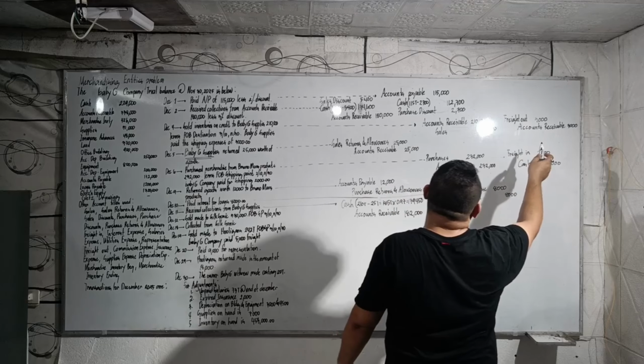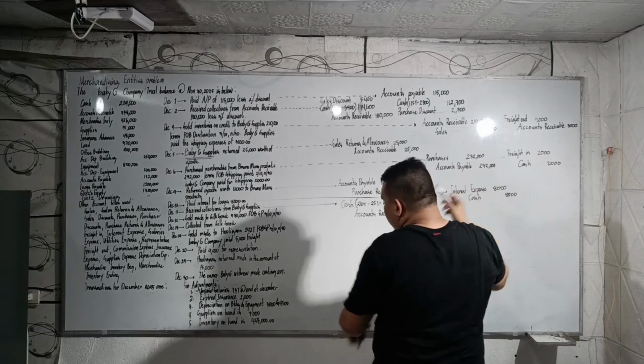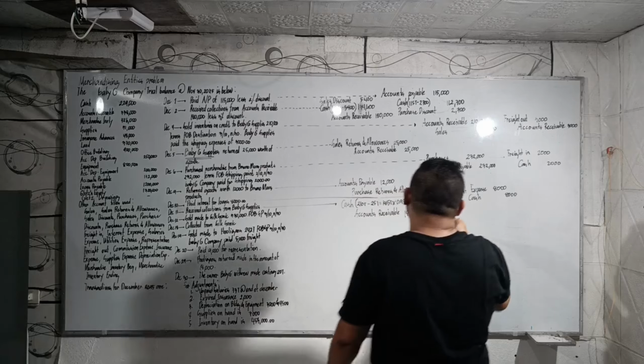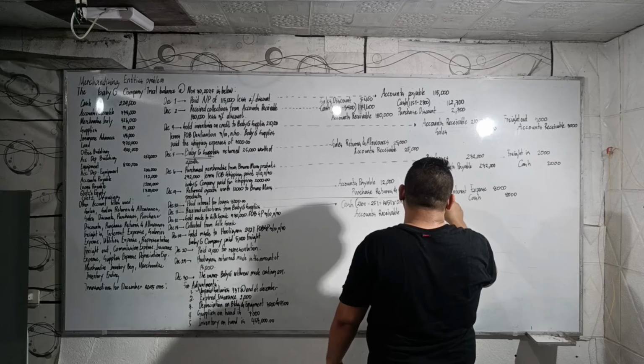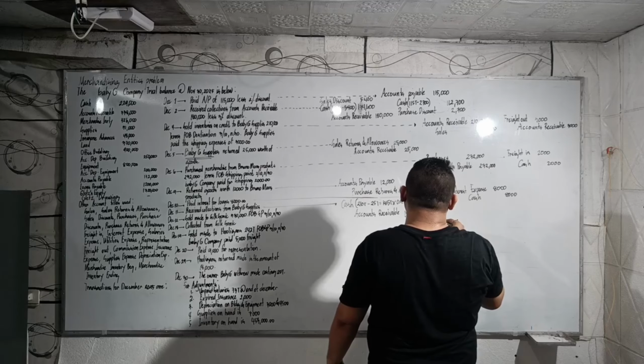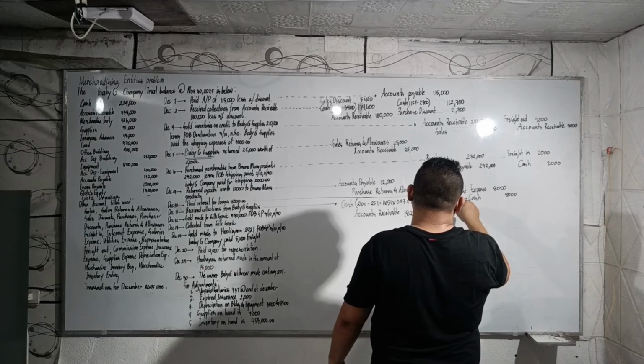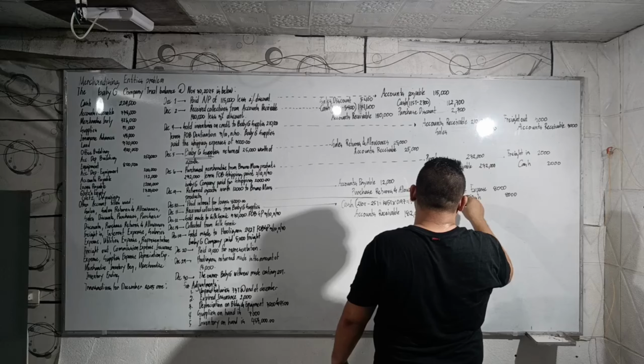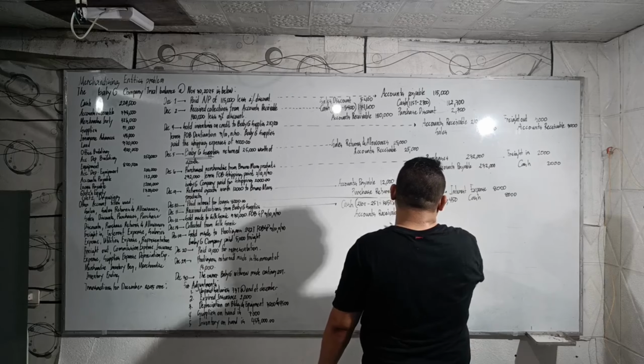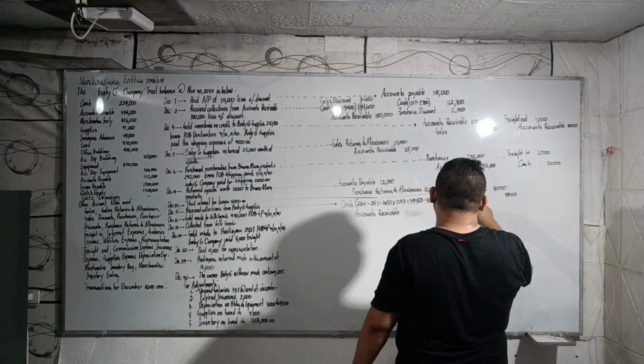But since they also paid for the freight that should have been paid by us, then minus 3,000, you're only going to receive 176,450. So that's the debit, and then the credit is actually 182,000.